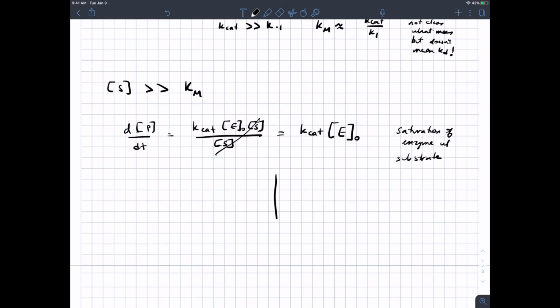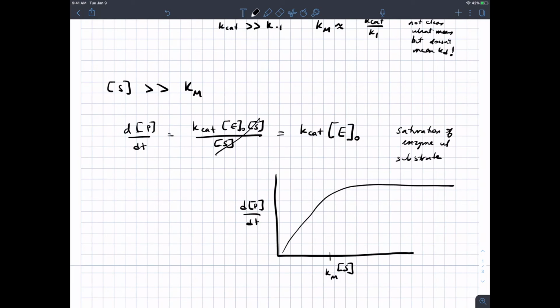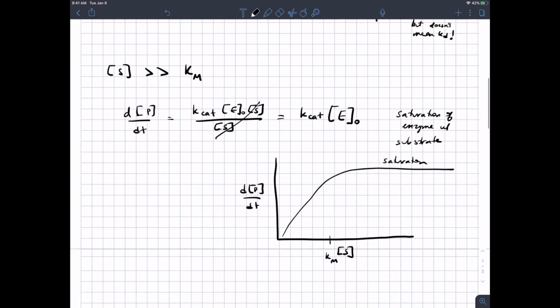So if we were to plot the rate of the reaction dP/dt versus substrate concentration, there would be some value Km, and if substrate concentration is higher than Km, we start to plateau. Okay? And this is the typical saturation curve that you get with enzyme kinetics.